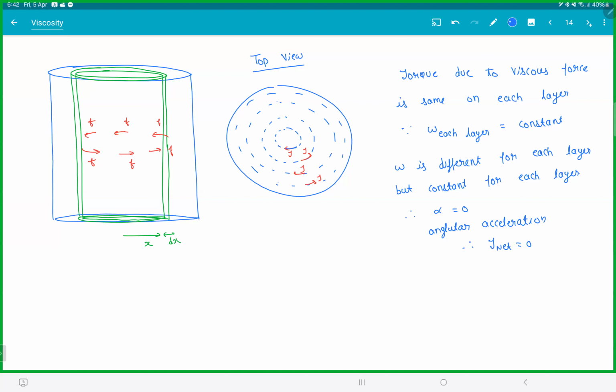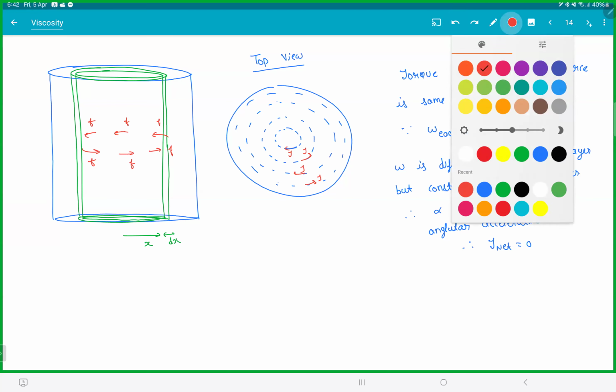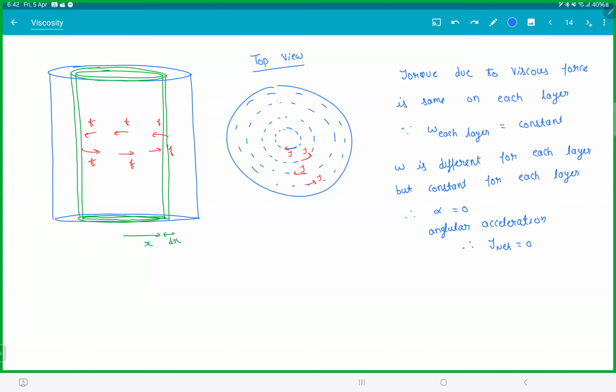If you take this layer, there are two torques actually. One torque is from inside and one torque is from outside. So each layer has a different omega, but all layers have alpha zero. That means on any one layer, the net torque is zero. Clear, everyone? Is this making sense?